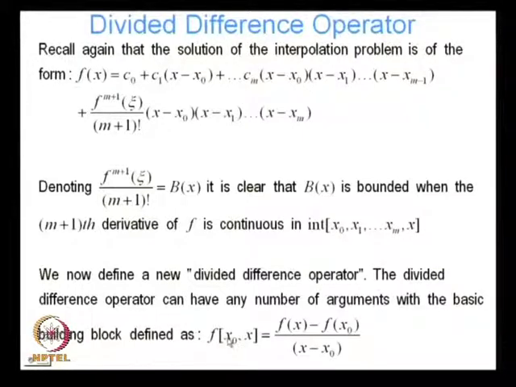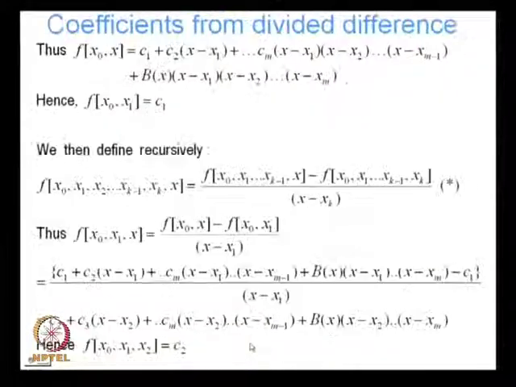The divided difference operator f of x0, x is equal to the function evaluated at x minus the function evaluated at x0, divided by x minus x0, right. So this is with just two arguments, but this operator can have any number of arguments, depending on the number of grid points, right.